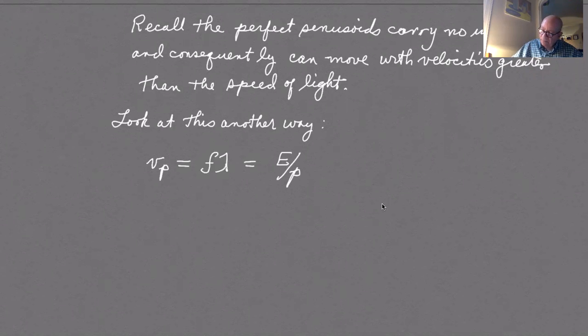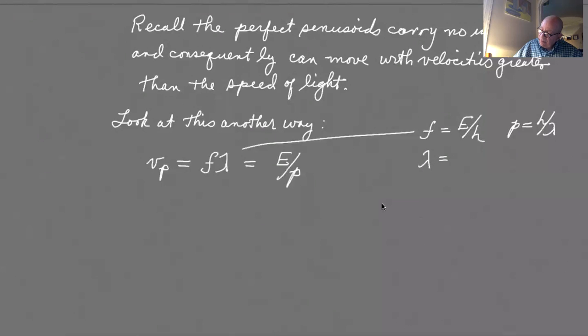Remember that f is E over h. Lambda from p is equal to h over lambda, so lambda is going to be h over p.